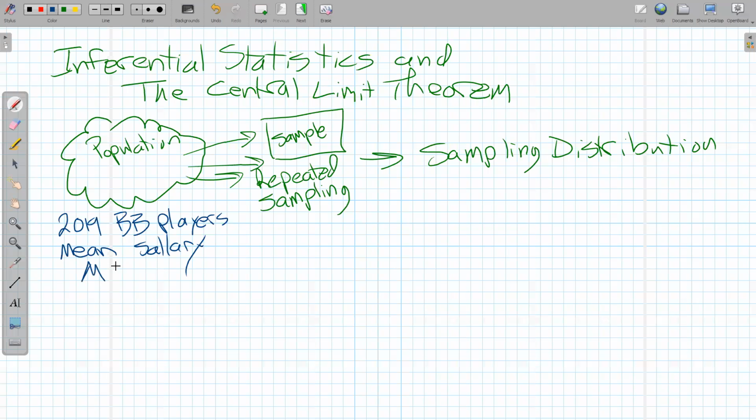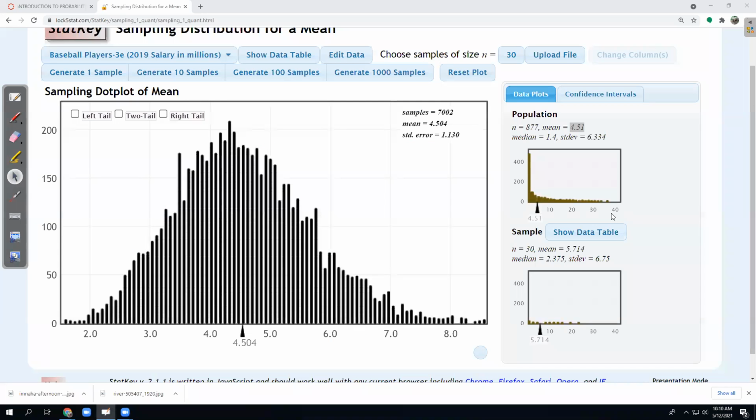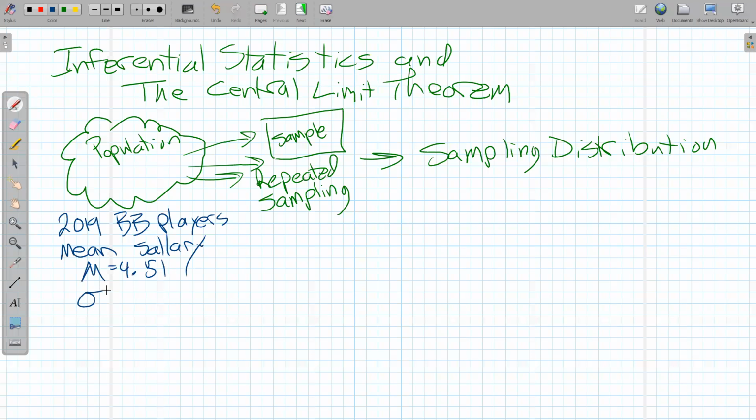So that's what we call mu, 4.51. Now we also have a standard deviation, which is the spread of the original population. So that would be 6.334. That's what we call sigma. That's the standard deviation, STD.